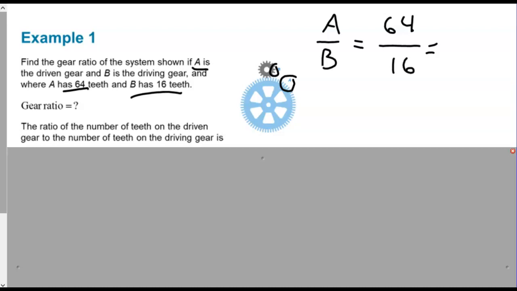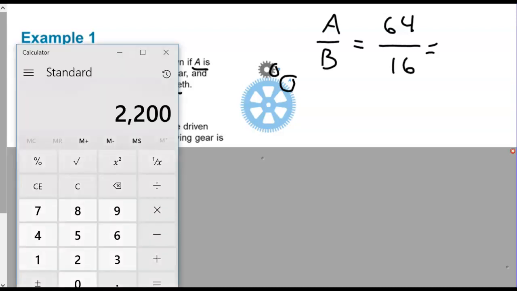When I look at this, I say, okay, let's see. 64 and 16, I know that 4 goes into 64 and 4 goes into 16. 64 divided by 4 is 16, and 16 divided by 4, the one I won't even use a calculator for, is 4. Then I know 16 can still be divided by 4 four times, and 4 divided by 4 one time.